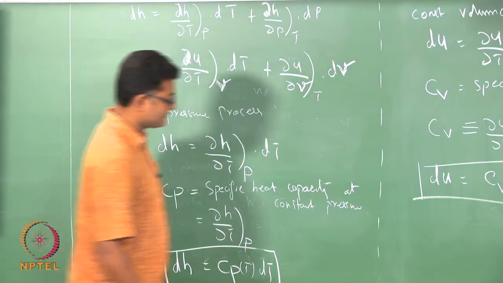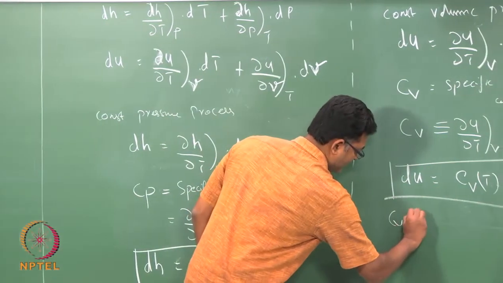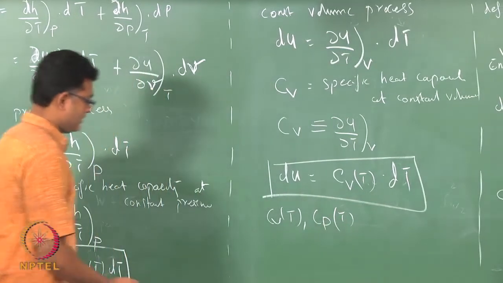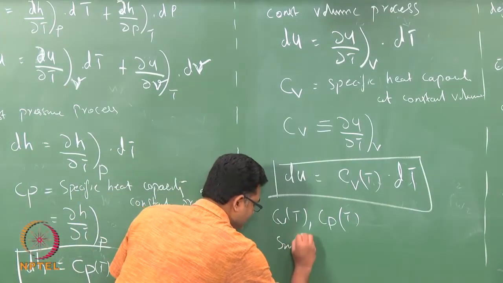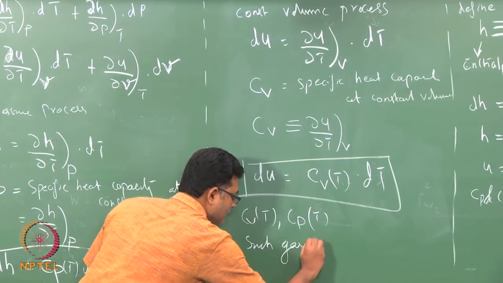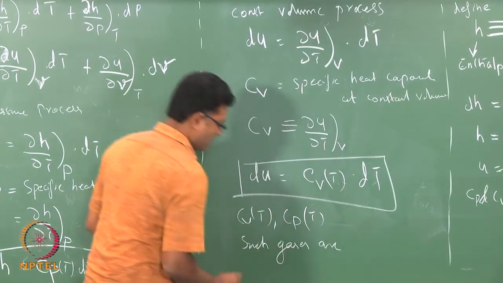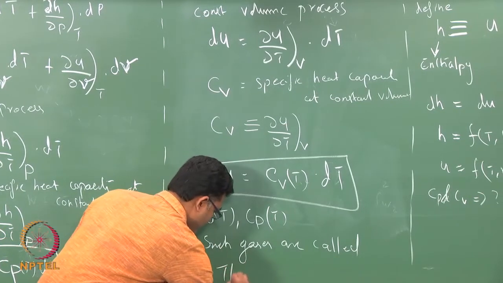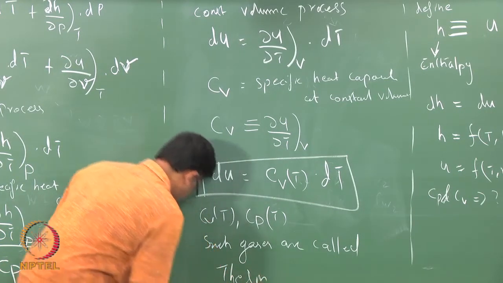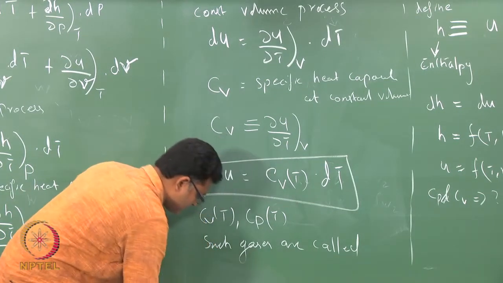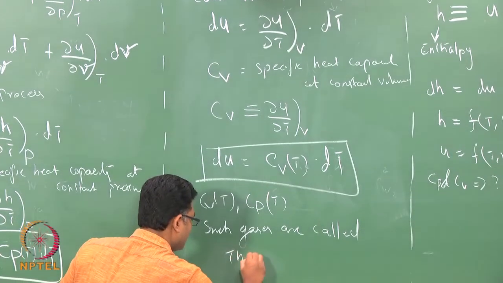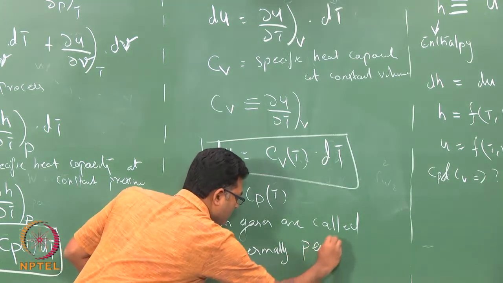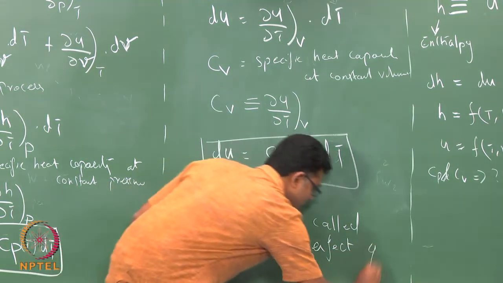So, such gases where Cv is a function of temperature and Cp is a function of temperature are called thermally perfect gas.